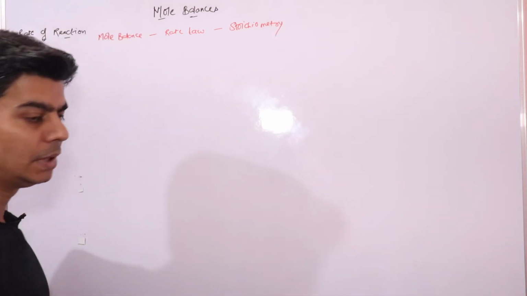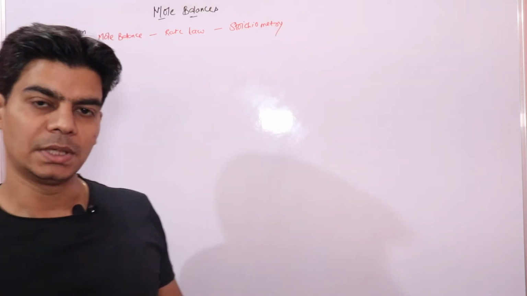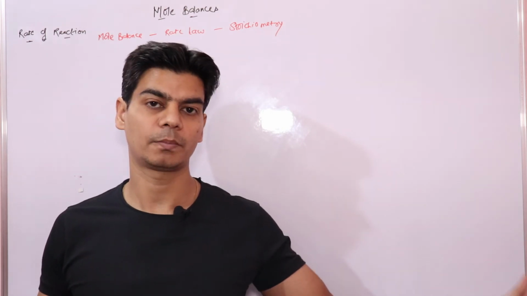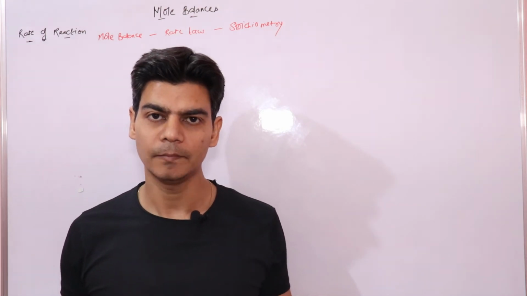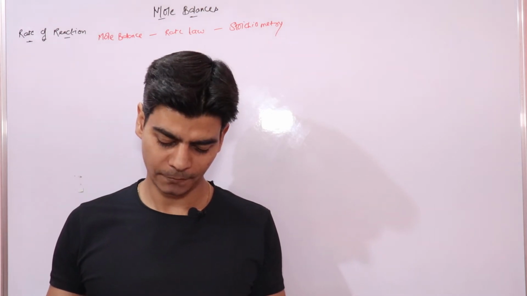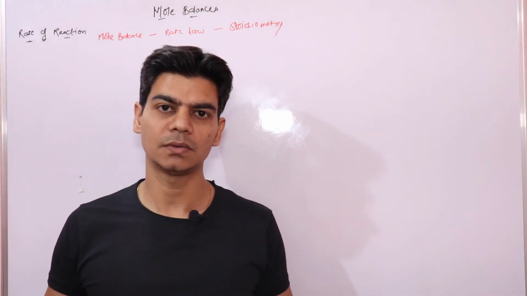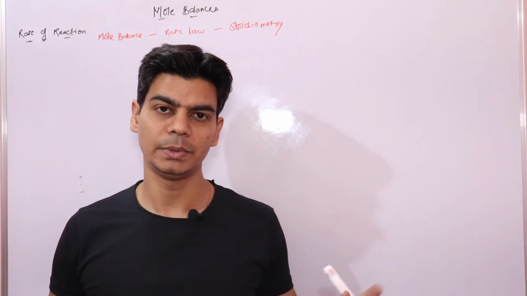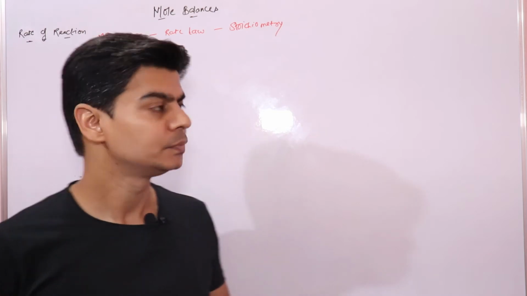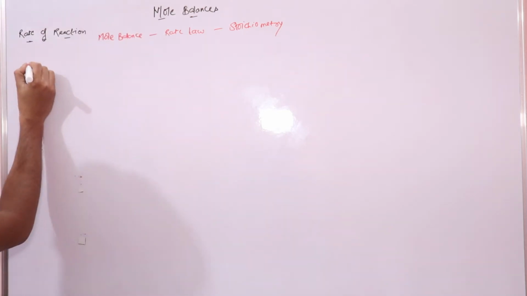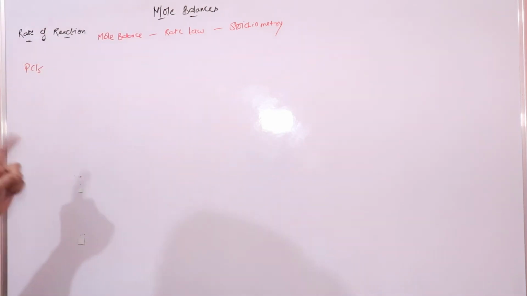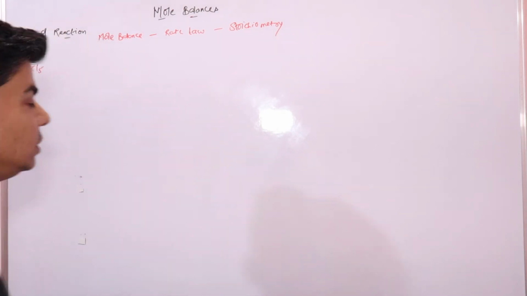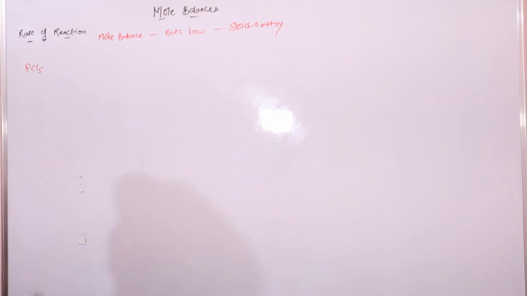By stoichiometry we mean the number of moles of reactants and the number of moles of products that are getting formed. And if you remember, you have done this in your school chemistry, defining the rate of reaction in terms of stoichiometric coefficients. I have this video lecture on defining the rate of reaction in terms of stoichiometric coefficients in the chemical kinetics playlist.